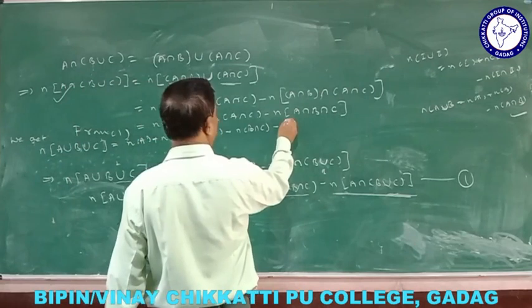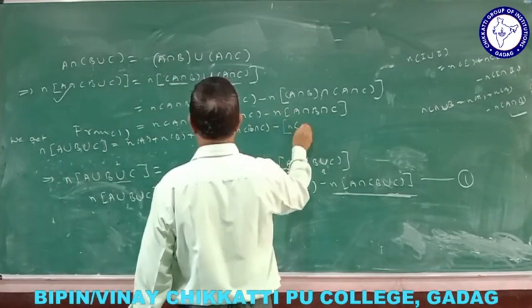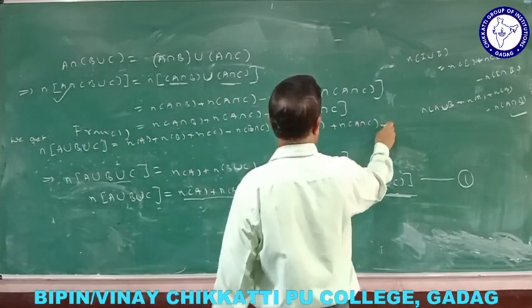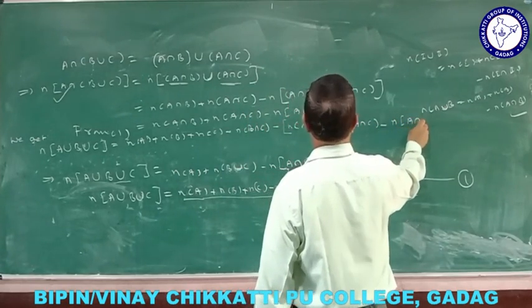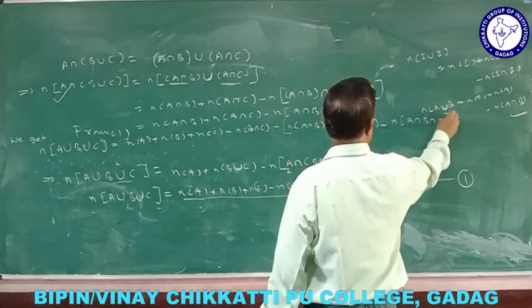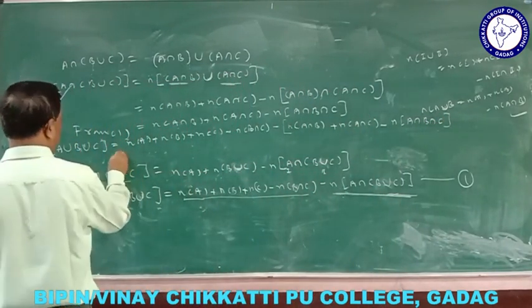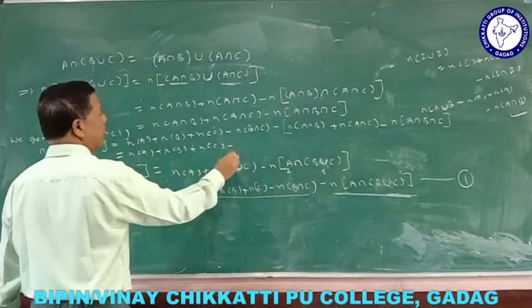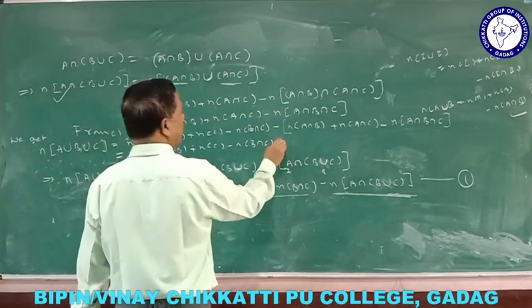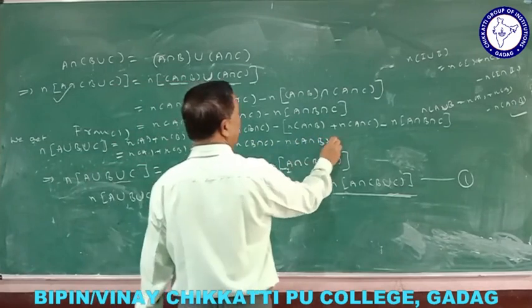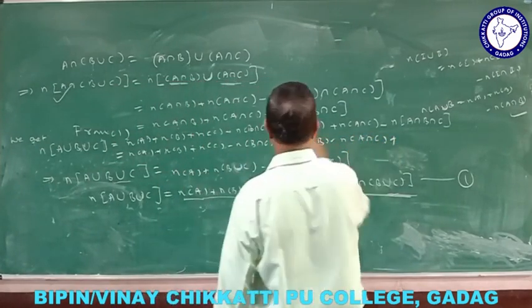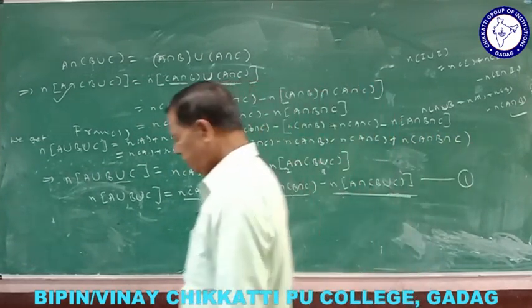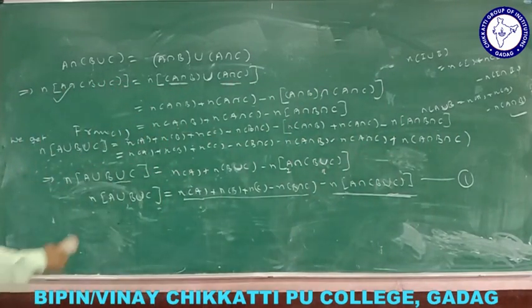Here it is, minus, keep it inside: n of A intersection B plus n of A intersection C minus n of A intersection B intersection C. So the final result is, look, n of A plus n of B plus n of C minus n of B intersection C minus n of A intersection B minus n of A intersection C plus n of A intersection B intersection C. This is the final result, but you can write in a systematic order.